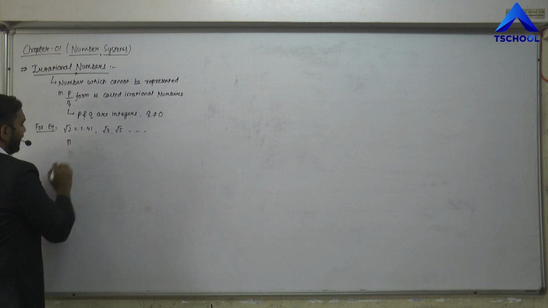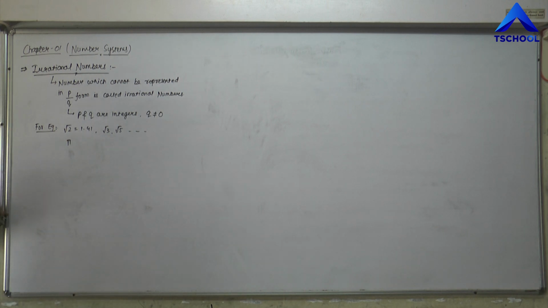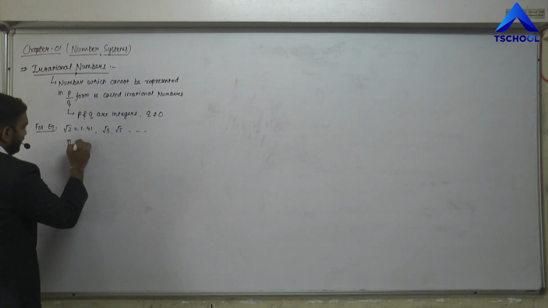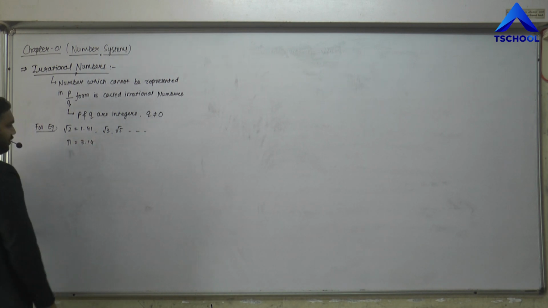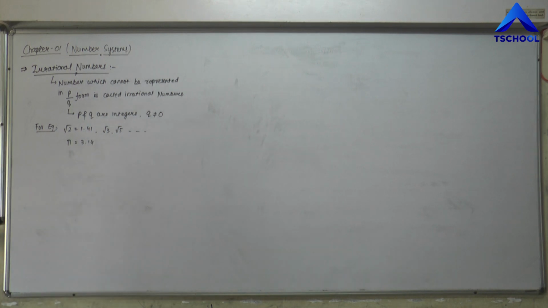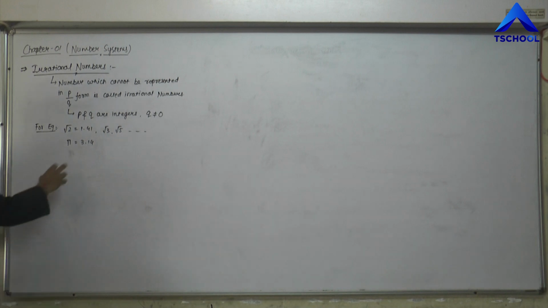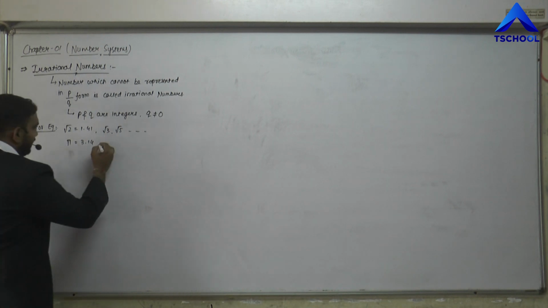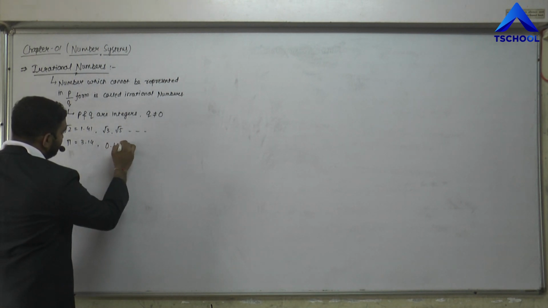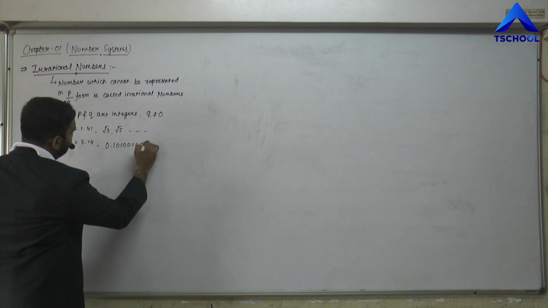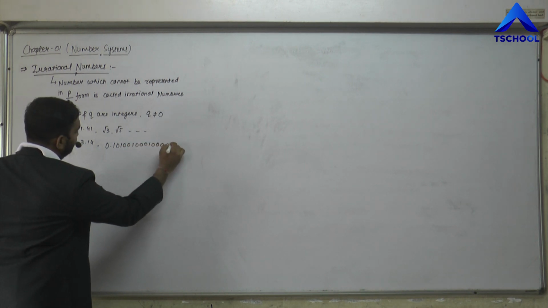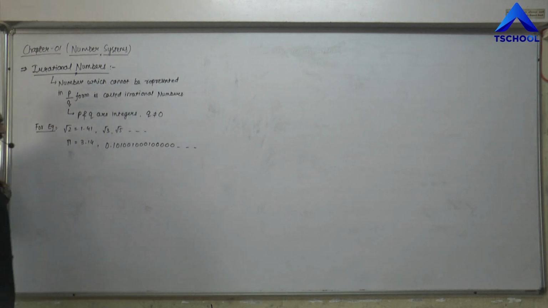Again, one more example I am having is pi, right? Pi is also an irrational number, but we know that the value is 3.14, right? But we take this value up to 2 decimals only. So pi is again an irrational number. You can also see a number like 0.1010010001000 and so on. See, friends, this decimal number I have written here is a non-terminating decimal number.